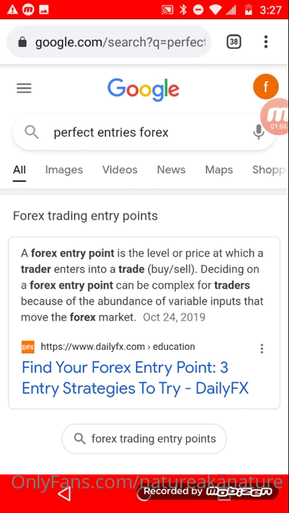Deciding on a forex entry point can be complex for traders because of the abundance of variables and inputs that move the forex market. Yes, a lot of things move the forex market, so it's hard to find perfect entry points. I'm going to show you guys how to find those entry points better.